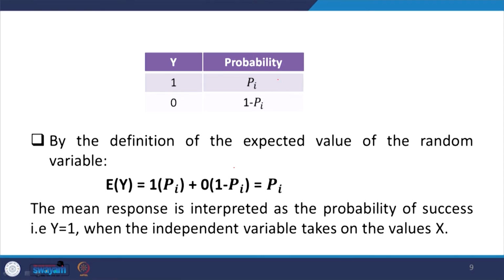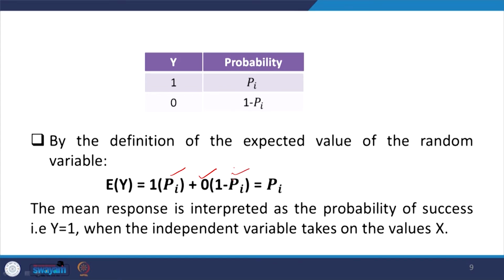By the definition of the expected value of a random variable, the expected value of y is 1 times its probability of occurrence plus 0 times the probability of non-occurrence. Suppose it is 50% and 50%, then you can calculate it accordingly.